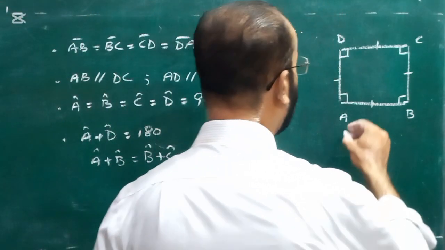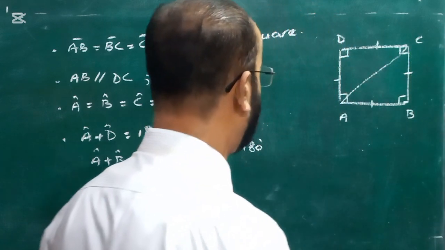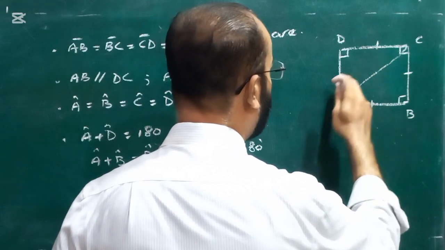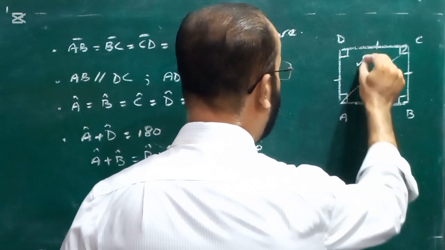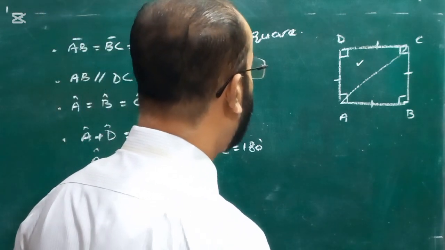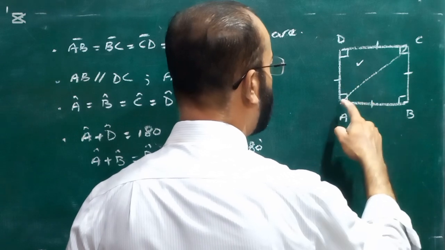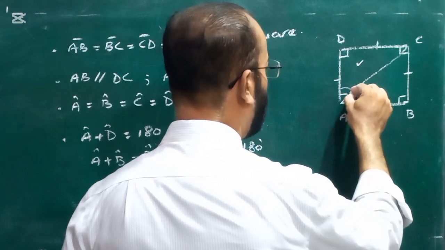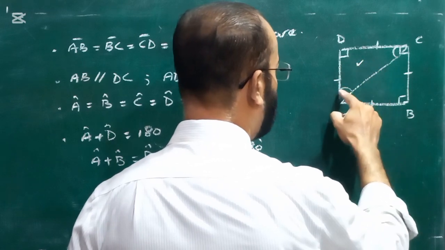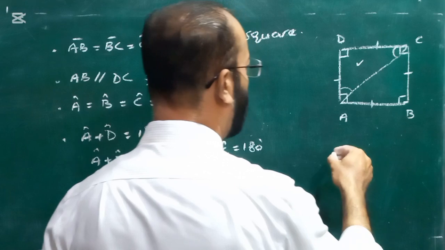Okay. Moreover, if we draw the diagonal, because these two sides are equal, it will be an isosceles triangle. So their base angles will be equal. This angle will be equal to this angle. If this is 90, these two angles will be each of 45 degrees.